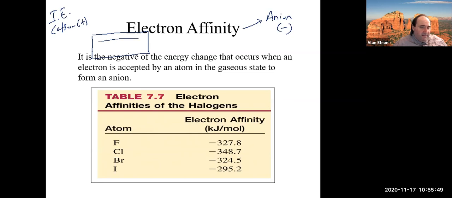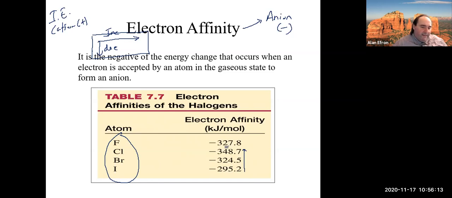So in general, in terms of electron affinity on the periodic table, we see a very similar trend to some other things. It does tend to increase as you go up to the right and decrease as you go down and to the left. It's not perfect. As you can see here, this is group 7 on the periodic table, and it does generally increase as you go up, but then it does go back down a little bit there as you go up the group as well.